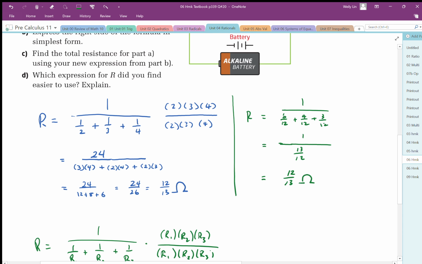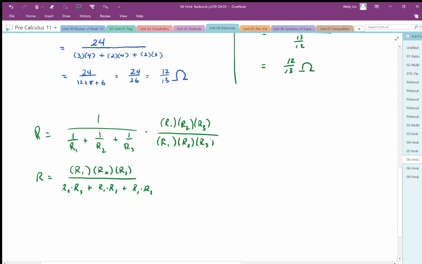And part C asks to use this formula to calculate the same resistance that we had before. So the total resistance is equal to 2 times 3 times 4 on top, and then the bottom becomes 3 times 4 plus 2 times 4 plus 2 times 3.